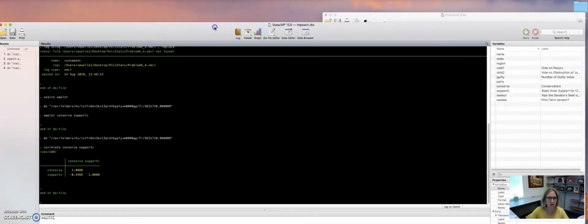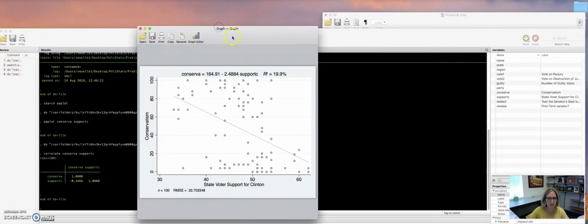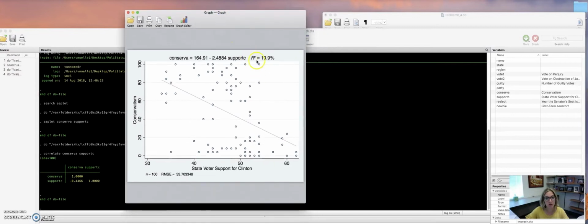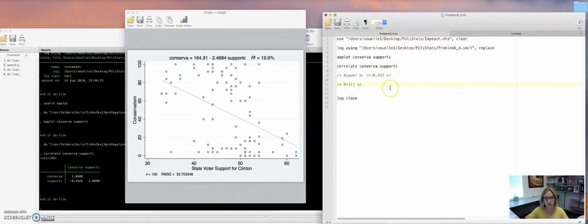If I can find that graph that keeps disappearing here, we know that r squared is 19.9%, which is the same in decimal form as 0.199. So if we want r, we simply take the square root of r squared.